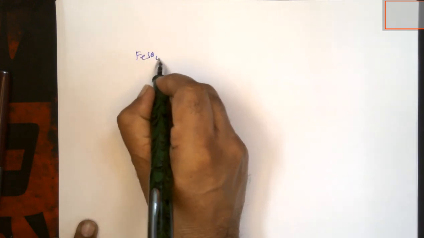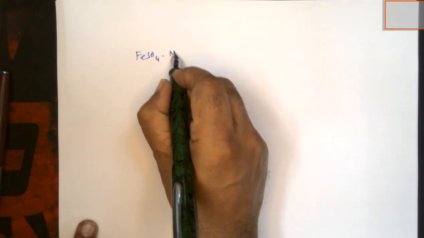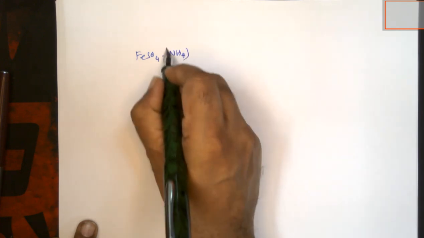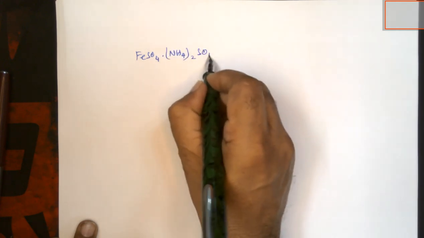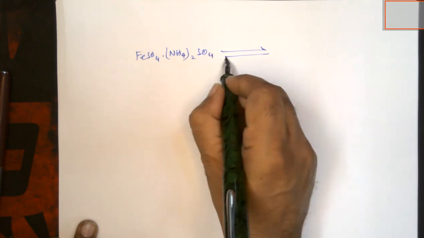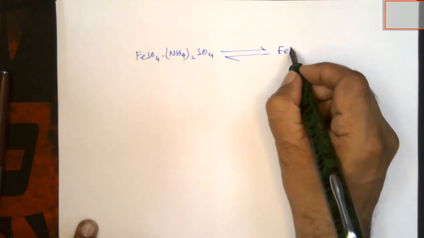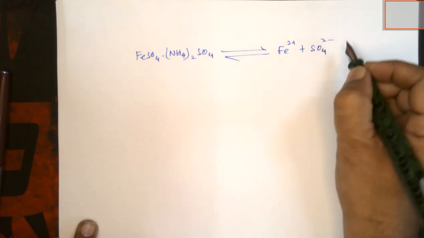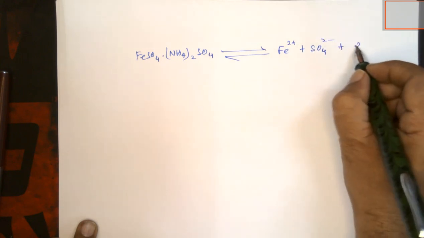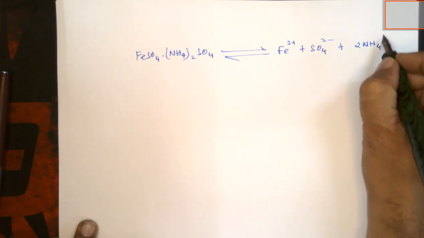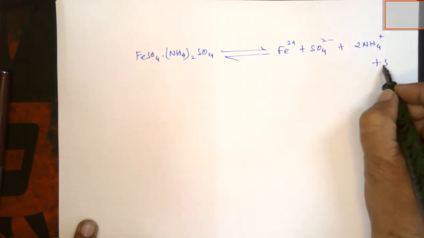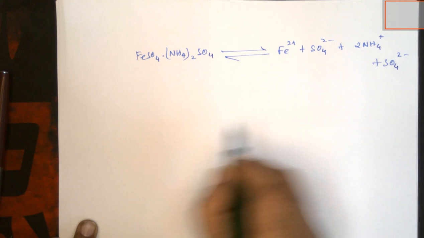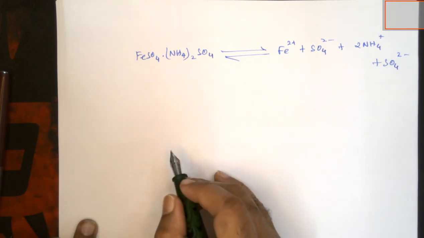FeSO4 ammonium salt and (NH4)2SO4. So it is going to be ionized as Fe2 plus, SO4 2 minus, and then again 2 moles of NH4 plus and SO4 2 minus. Likewise, they are completely separated.